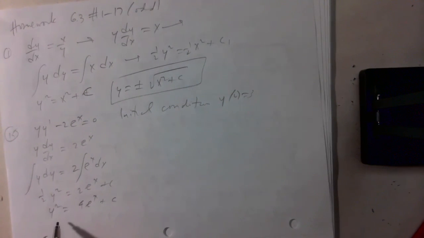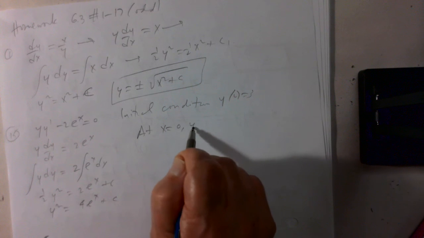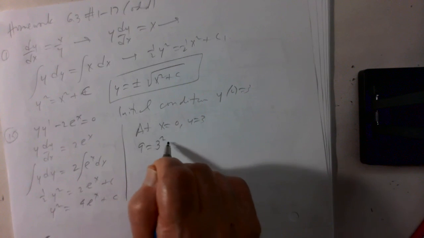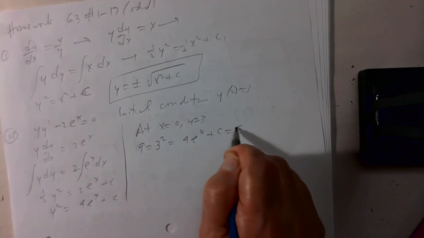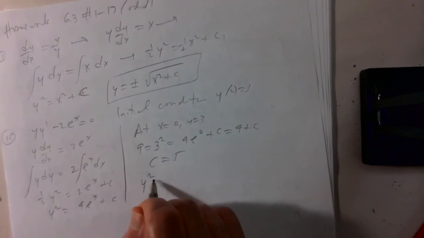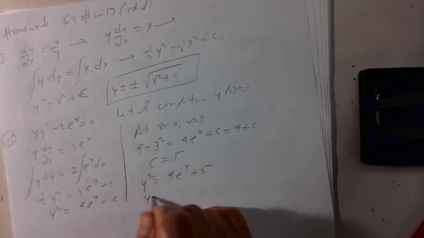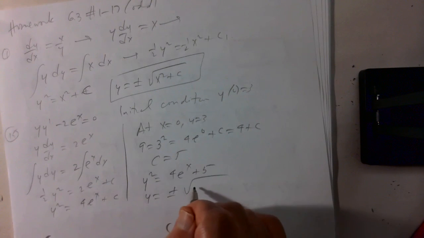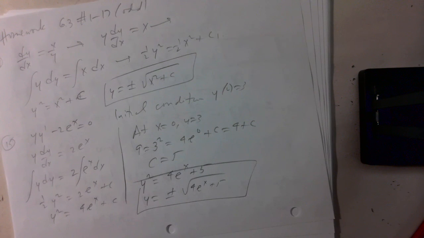If you plug in x equals 0, y equals 3, we get 9, which is 3 squared, is 4e to the 0 plus c. E to the 0 is 1, so 4 plus c. So c is equal to 5. So y squared is 4e to the x plus 5, or y is plus or minus the square root of 4e to the x plus 5. That's the solution of that differential equation.